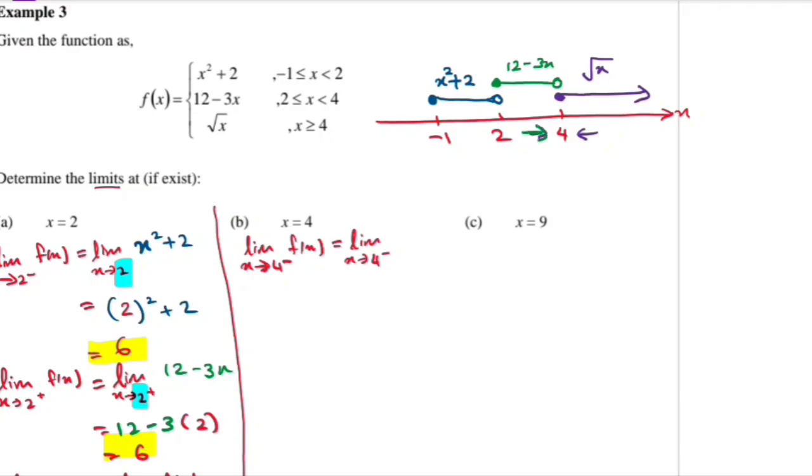The nearest function from the left of 4 is this function, the green colored function that I highlighted yellow. Why is it not this function, x squared plus 2? Well, that's because it's too far from 4.